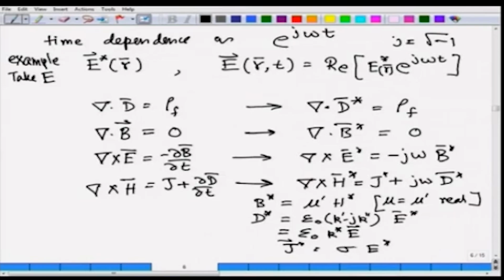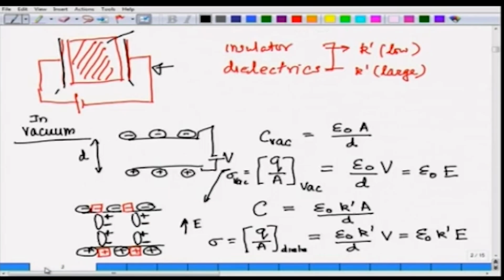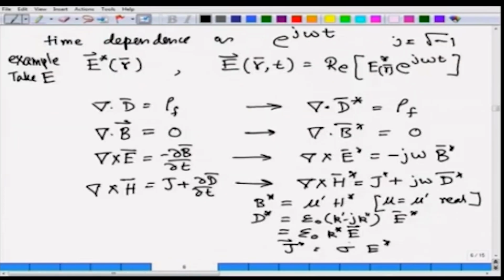I had used this sigma also in the first slide, where I had used sigma for charge per unit area. So I am reusing the same symbol. I am going back here, remember Ohm's law, where sigma represents conductivity. So here sigma is representing conductivity, and I will not be using sigma as charge per unit area anymore. That was only in the context of the capacitor. So now we are going to stick to sigma as conductivity itself.